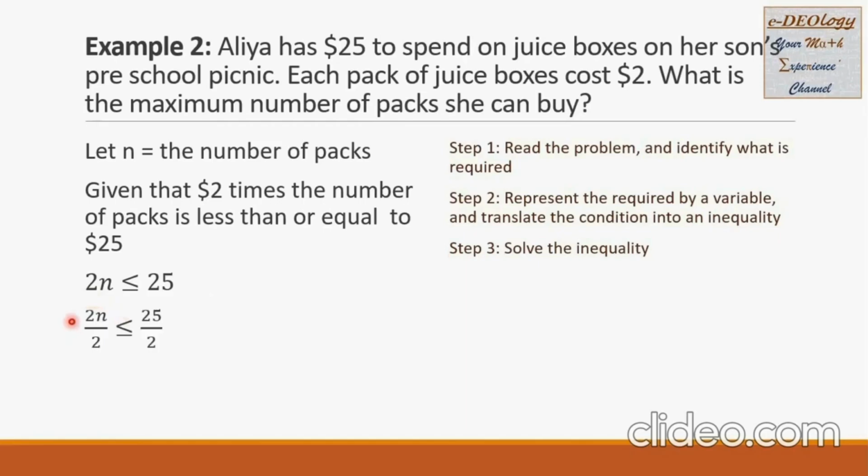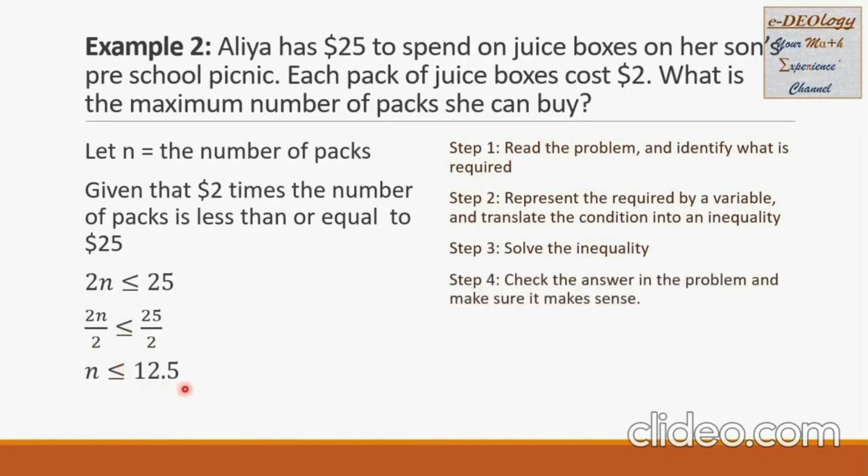So now it becomes 2n over 2 is less than or equal to 25 over 2. And we can cancel the coefficient and the divisor. So the n is less than or equal to 12.5. We will check the answer in the problem and make sure it makes sense.